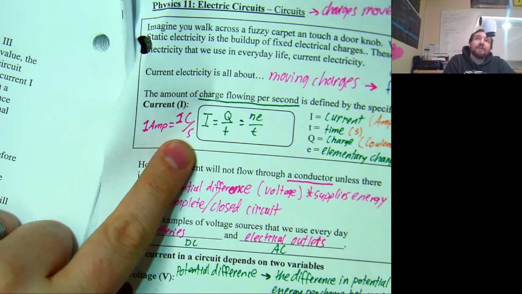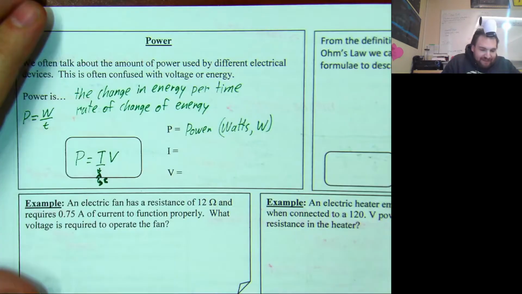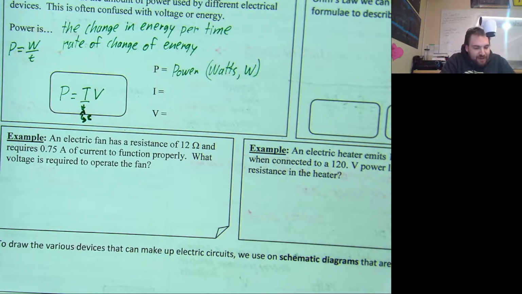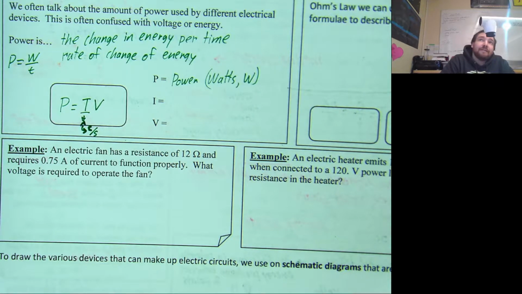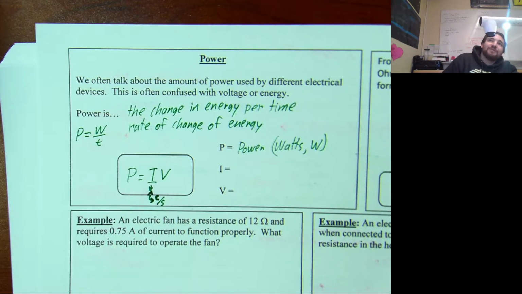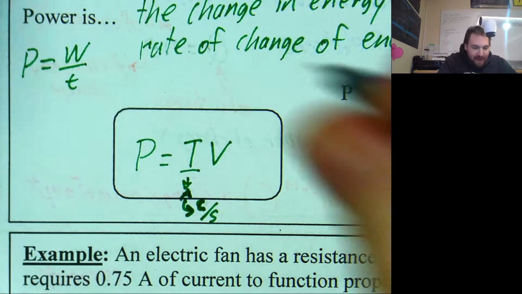Let's go back and take a look. Coulomb per second. That's an A. Current's measured in amps, which is actually a Coulomb per second. I'll zoom in so it's really easy to see what's going on there. That's an A and then a Coulomb per second.